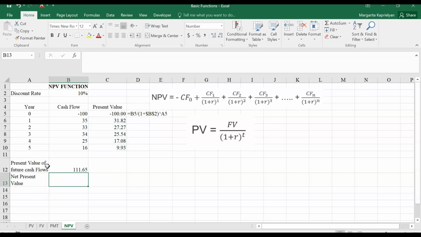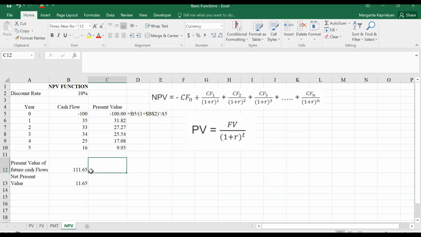To find net present value, I'm going to take the present value of the future cash flows, this portion of the formula that I just figured out, and I'm going to add in the initial investment, cash flow 0. So now we figured out NPV manually, so to speak.